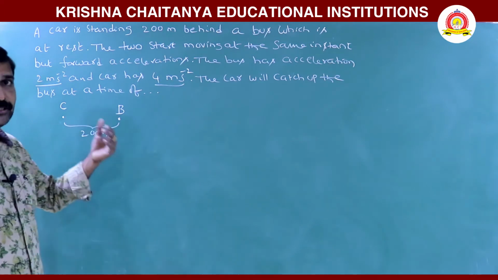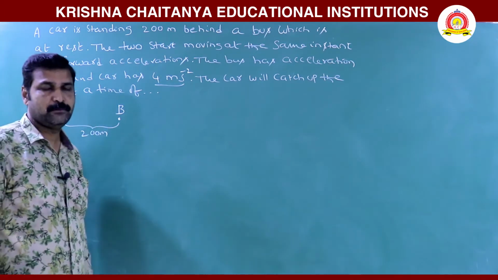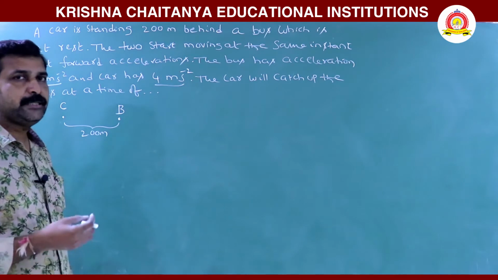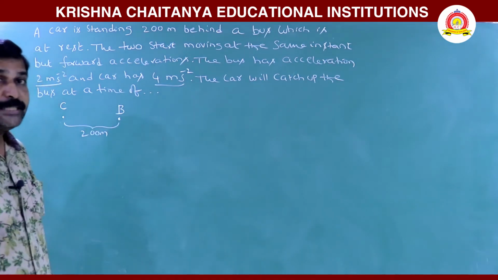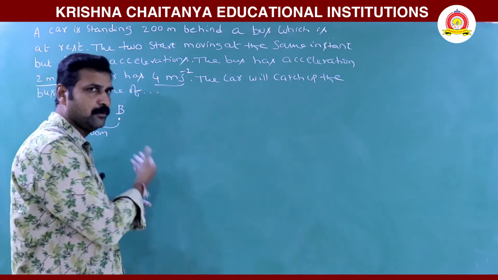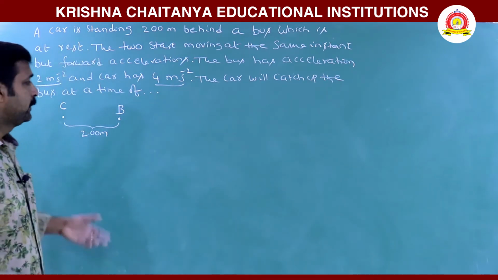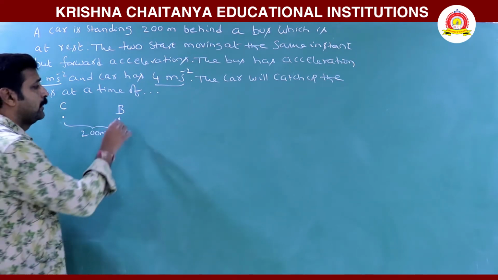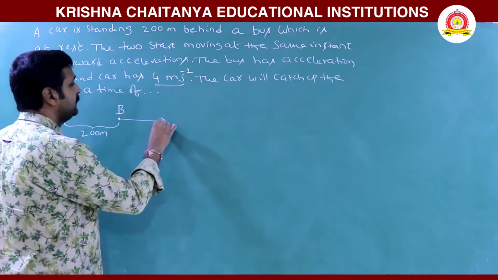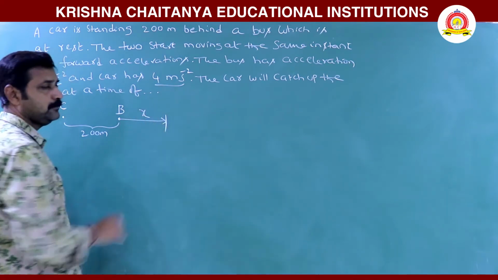Now, if we don't think of it in the relative motion way, in general, if we want to use equations of motion, how to solve? For example, if both travel, then after some time the bus moves some distance x.